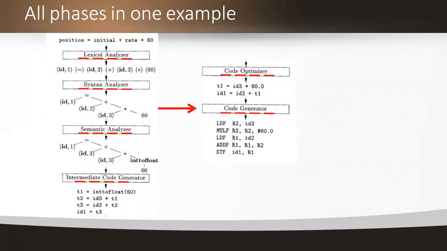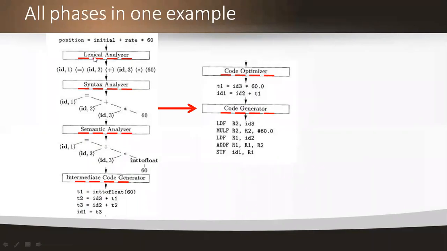See the slide and you can easily understand while I explain. My input program is position = initial + rate * 60. This is the line of code in my program. I'm taking this and generating an object code for this. This is in the form of a high level language.